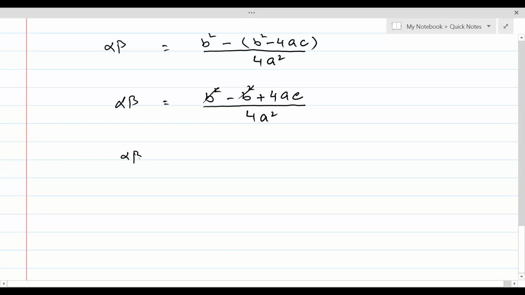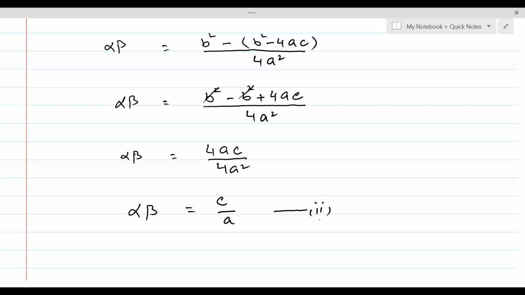Alpha beta is 4ac over 4a square, which means alpha beta is equal to c over a. So this is number 2. This way we can find the sum of the roots and the product of the roots without actual calculation of the roots, simply by using this formula in 1 for the sum of roots and 2 for the product of roots.